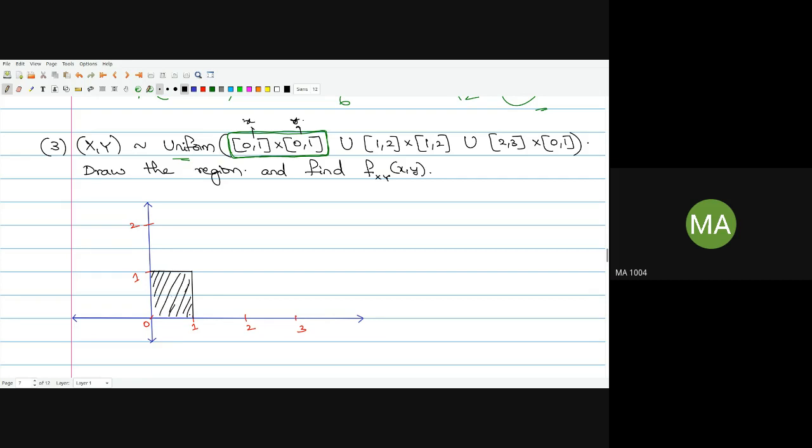This region is only this interval. And this region represents 1 to 2: x is 1 to 2 and y is 1 to 2. So when x takes 1 to 2, y also takes 1 to 2. So that is this region.